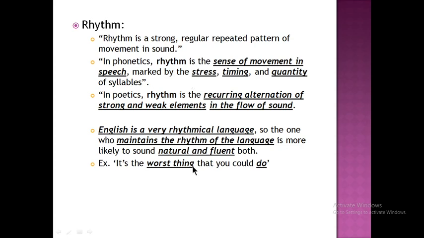One thing which is very important to know about rhythm: rhythm is really responsible for proving a speaker of a language fluent and natural. Again I'm saying, if a person knows how to put together language and rhythm, he or she is considered a natural and fluent speaker of that language.